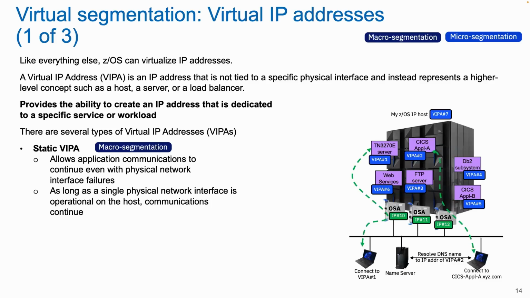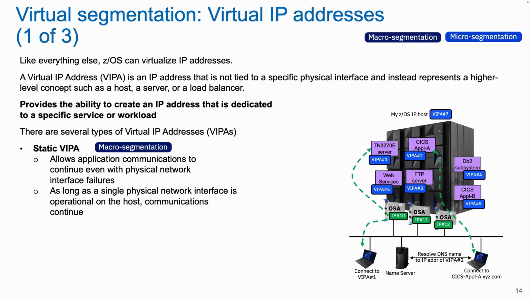Hopefully all of you are familiar with VIPAs, but we have several different types and they play different roles in terms of segmentation. The first one is what we call a static VIPA. Consider this a stack or system-specific IP address. In order to reach a TCP/IP stack on a specific LPAR or system, you can use that static VIPA.